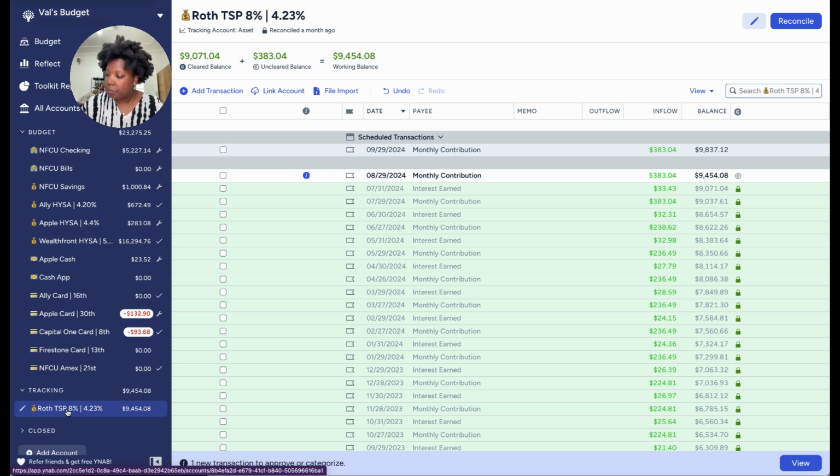Let's see here. Let me open up the app on my iPad, because the code is taking a little while to show up here. Okay, there we go.